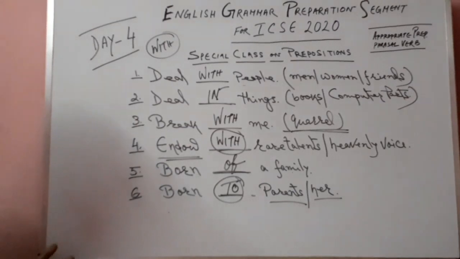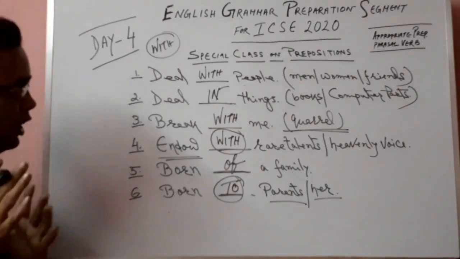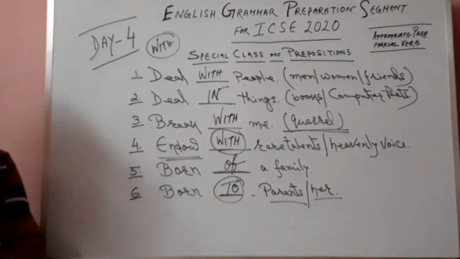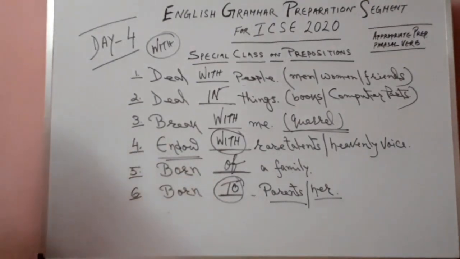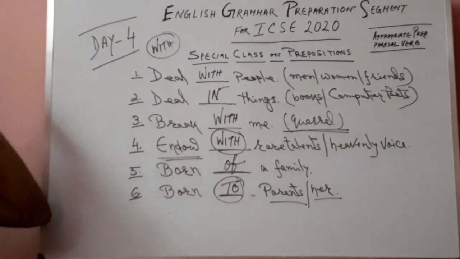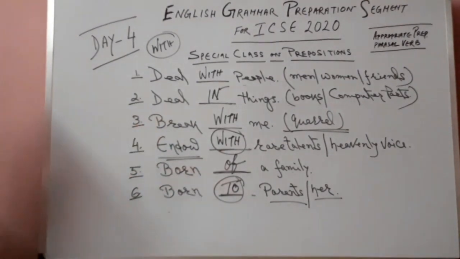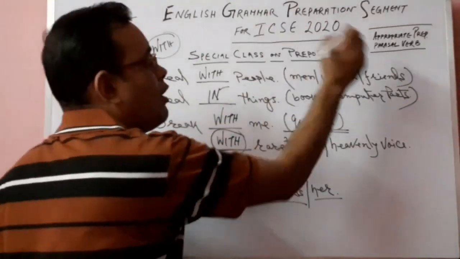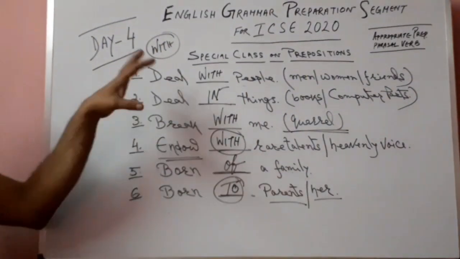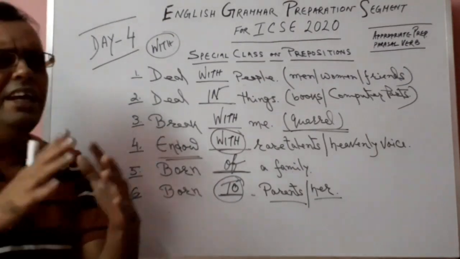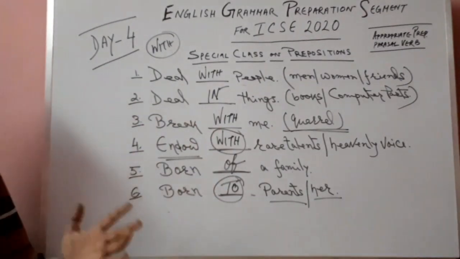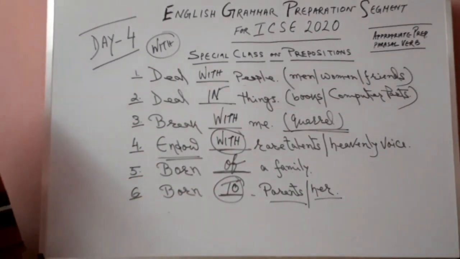More prepositions are there. I already told you nearly 50 to 60 prepositions we'll be using. Some appropriate prepositions are there and some phrasal verbs. Phrasal verbs also will be discussed, because a huge number of phrasal verbs are there. So how many phrasal verbs will you be learning?